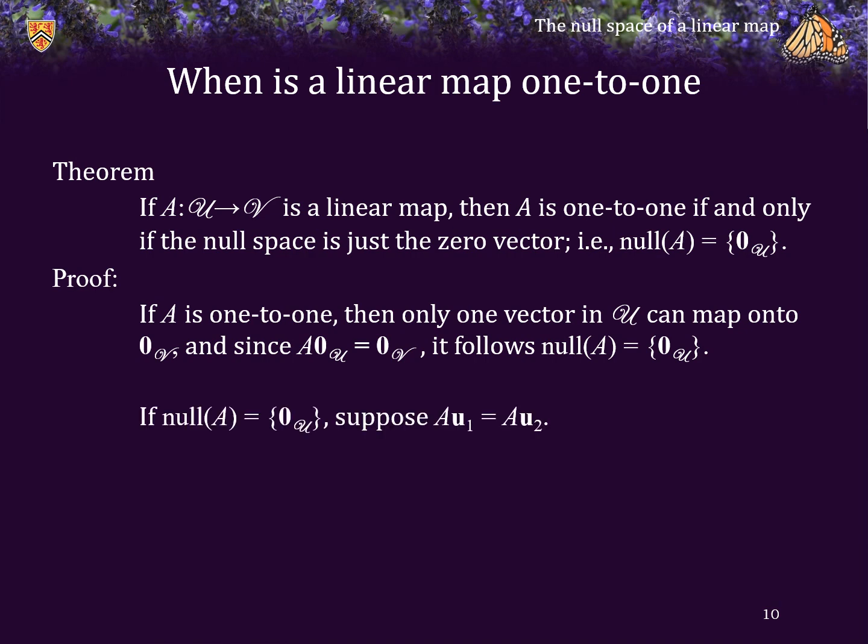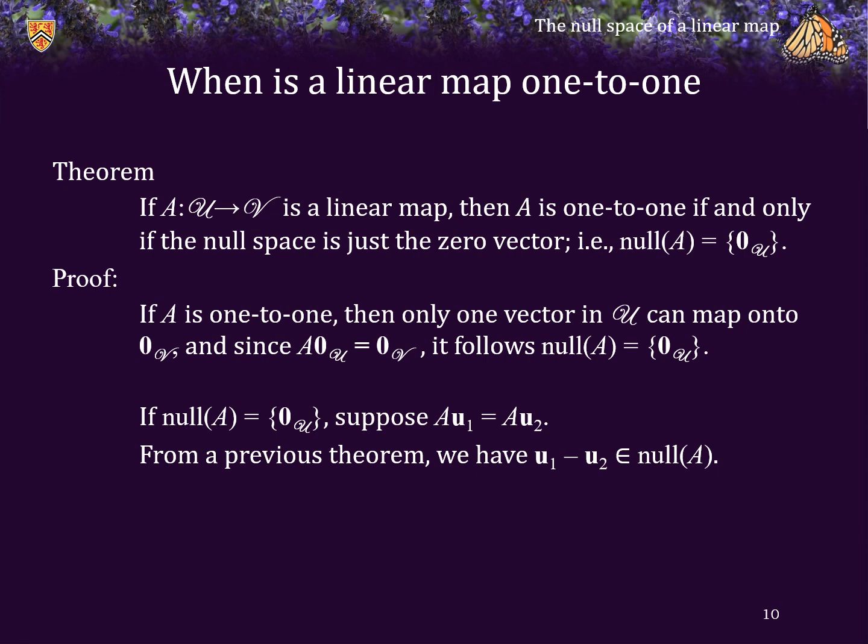Alternatively, assume that the null space is just the zero vector, and suppose that we have two vectors u1 and u2 such that A mapped to each of them results in the same vector. Well, if this is true from a previous theorem, we have that u1 minus u2 is in the null space of A. But wait a second.